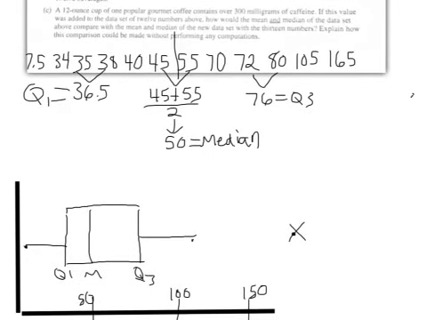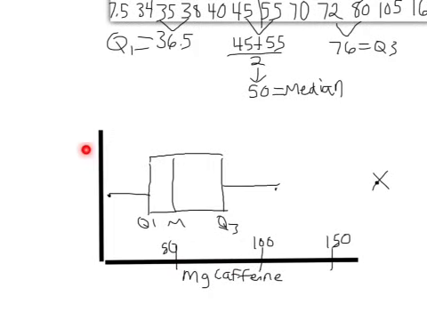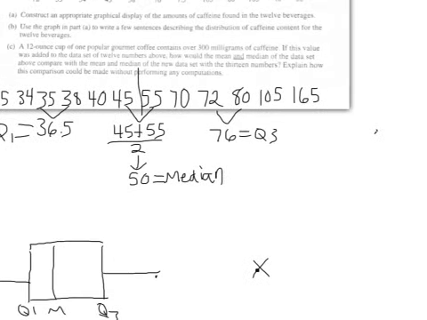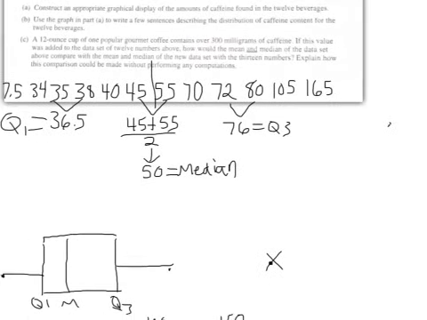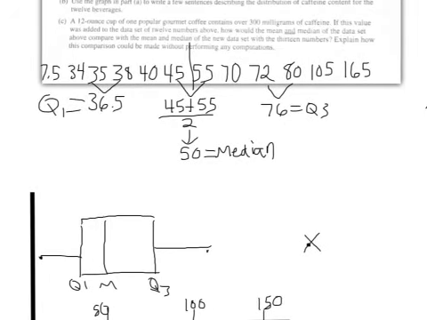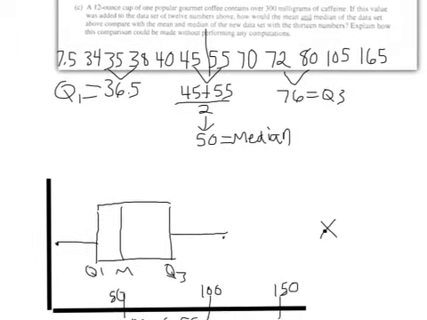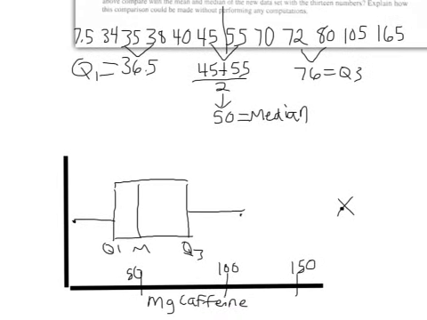We have mean and median of this data set that we started off with. And then if we add a massive outlier of 300 milligrams of coffee to the data set, we want to look at what that does to the mean and median. So our first data set, the mean and median, we have somewhere in the area around right here. It's a measure of central tendency.